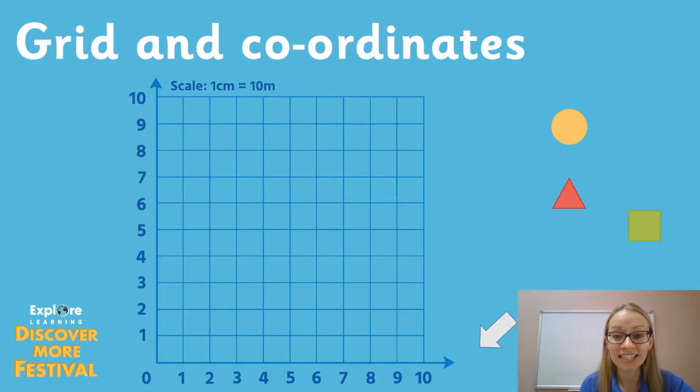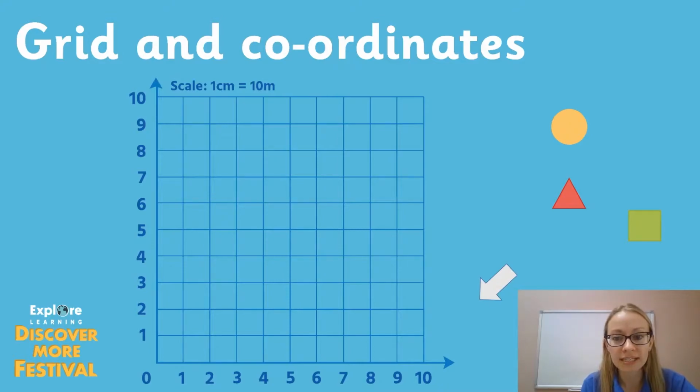Okay, we're now going to consider the mathematical element of the grid in a map. So here, around the edge of a grid, we have 2 axes. This one here, which is horizontal, across the bottom, is the x-axis. And this one going up here is the y-axis. So the vertical axis here is the y-axis.